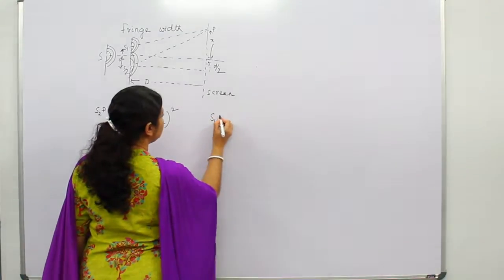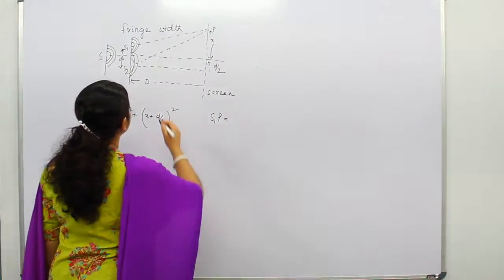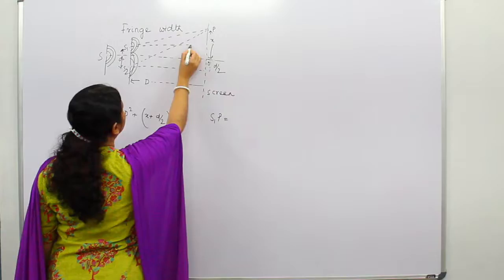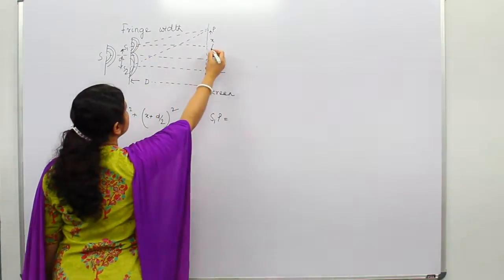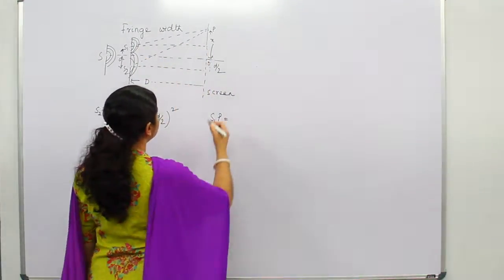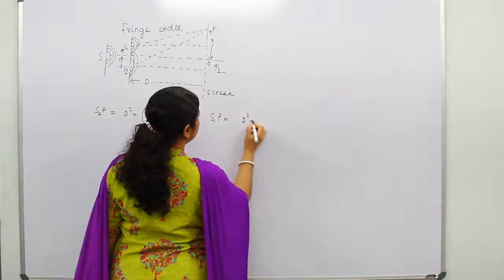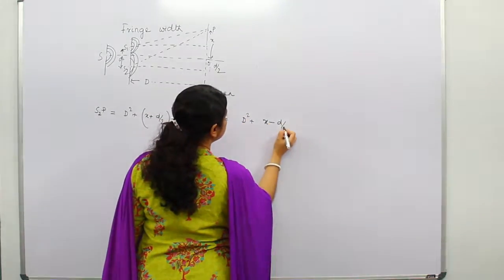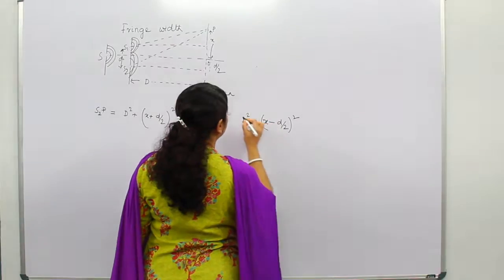And S1P will be equal to D square plus (x minus d by 2) square.